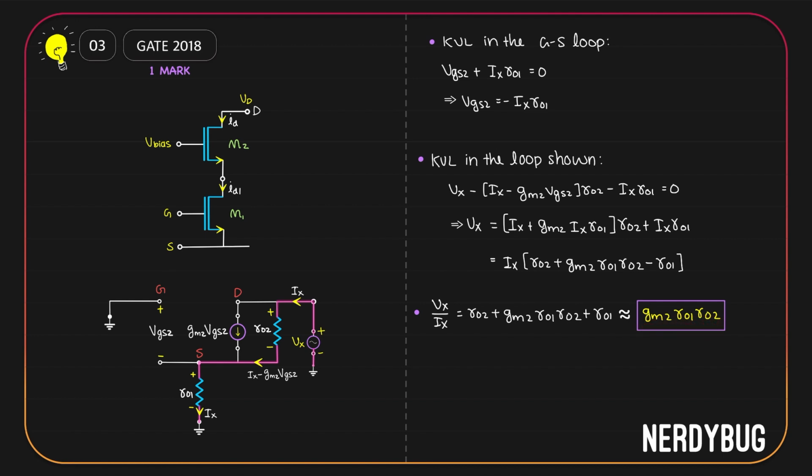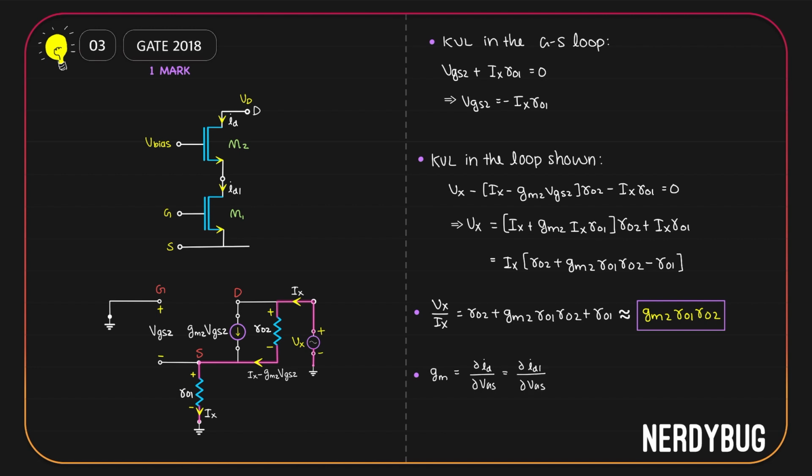We also have to find out the transconductance of the entire circuit. According to the question, transconductance of the entire circuit gm is the partial derivative of ID with respect to VGS. But from the figure, you can see that ID is the same as ID1. So we can say gm is the partial derivative of ID1 with respect to VGS.